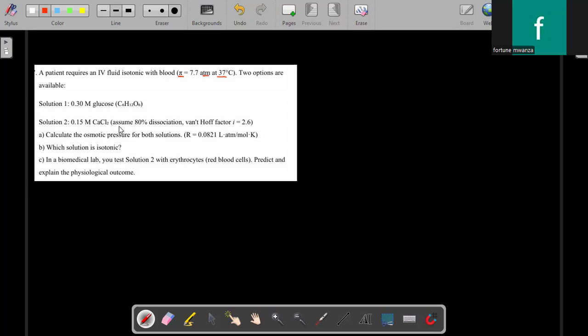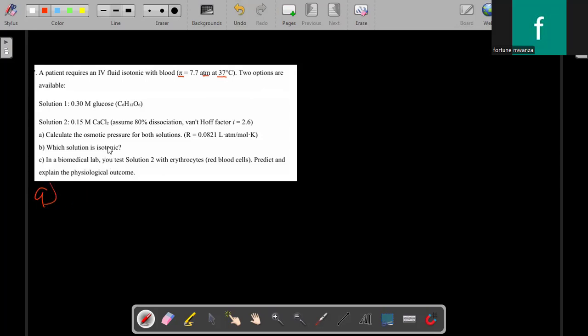Then we've been given an assumption: 80% dissociation of this calcium chloride, meaning the Van't Hoff factor after 80% dissociation is 2.6.